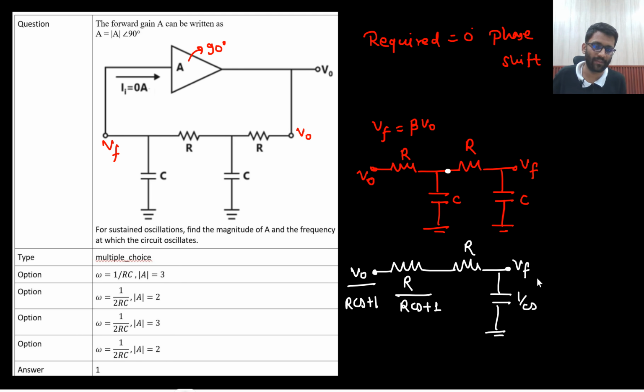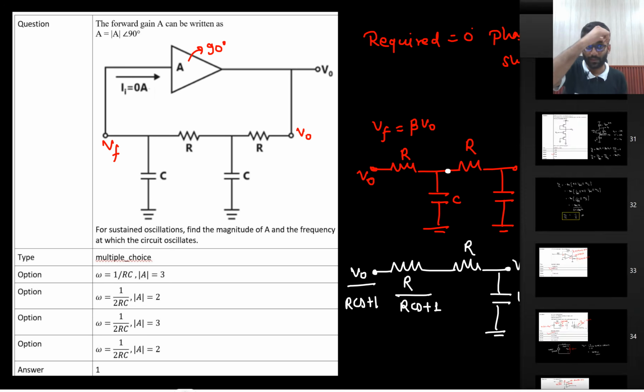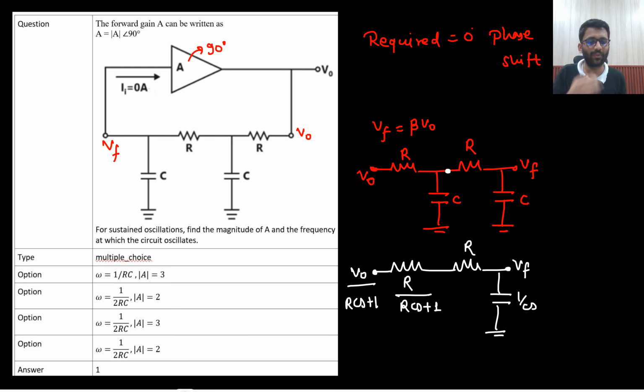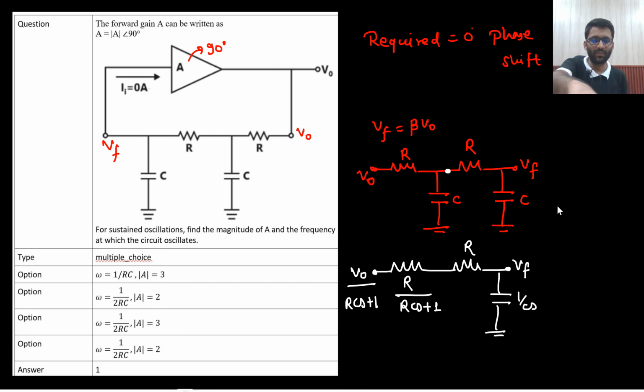And Vf, right? It is a bit calculative, but oscillator problems are calculative only. Any problem you see, oscillator problems will be calculative only. This is the least calculative one. At least two cascaded combinations of RC you will have to find in oscillator problems.